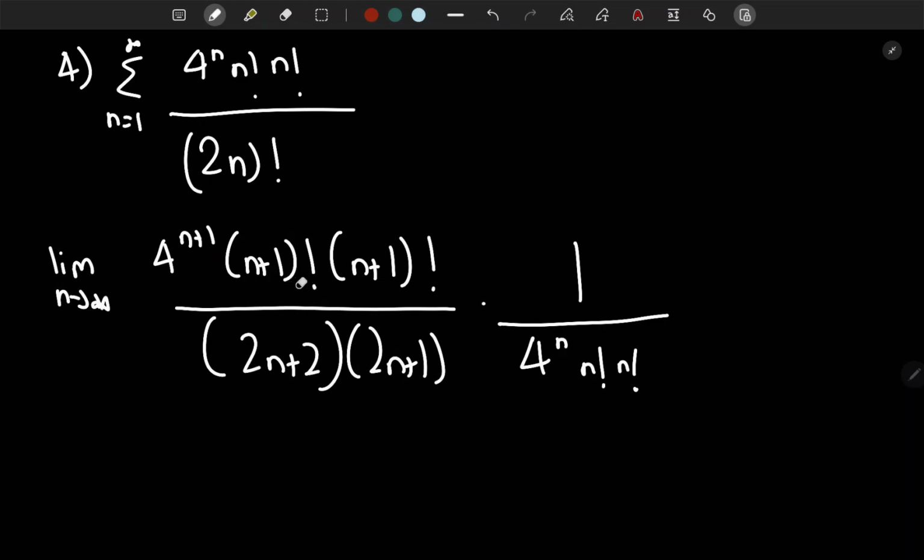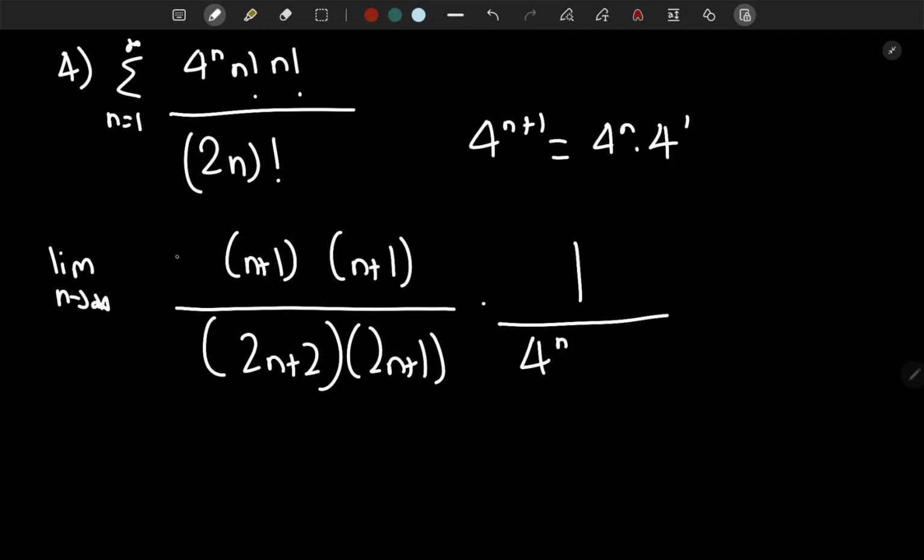It's going to be (n plus 1) multiplied by (n plus 1), and these two cancel out. We can write 4 to the power of n plus 1 as 4 to the power of n multiplied by 4 to the power of 1, so this part cancels out and we are left with 4 to the power of 1 multiplied by this.